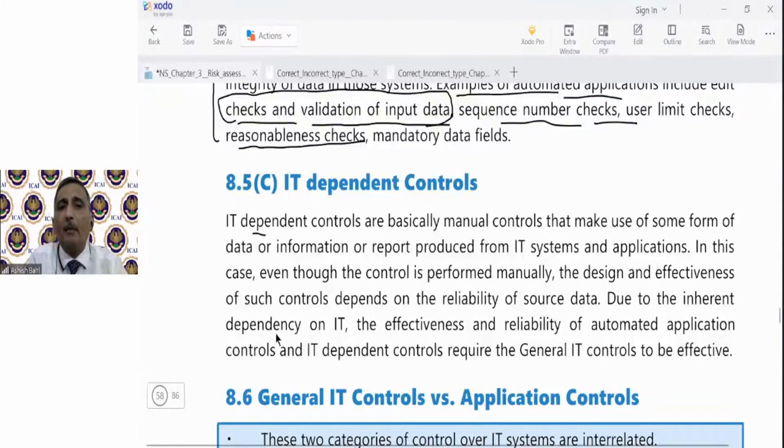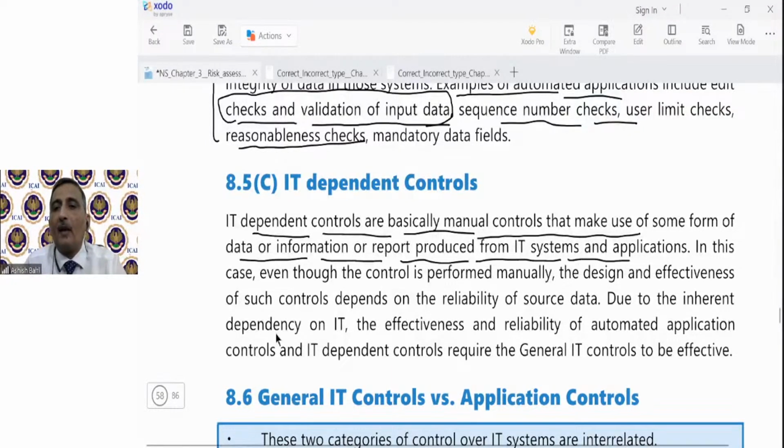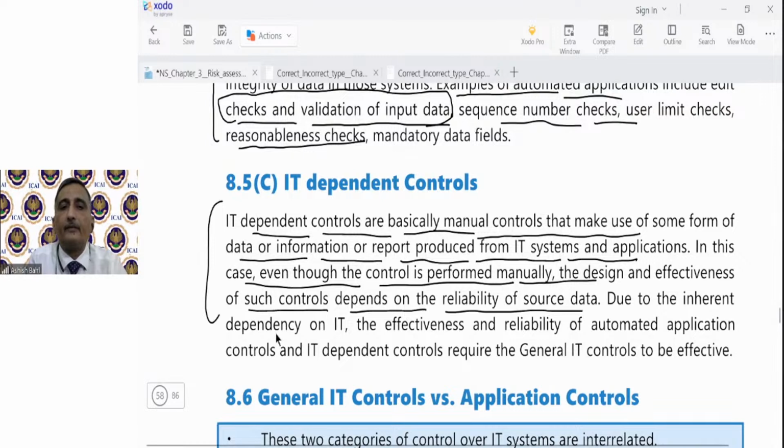So what are IT dependent controls? IT dependent controls are basically manual controls that make use of data or information or reports produced from IT systems and applications, even though the control is performed manually. The design of such a control depends on the reliability of source data. The company has to take a decision on the basis of some report generated from the IT system.